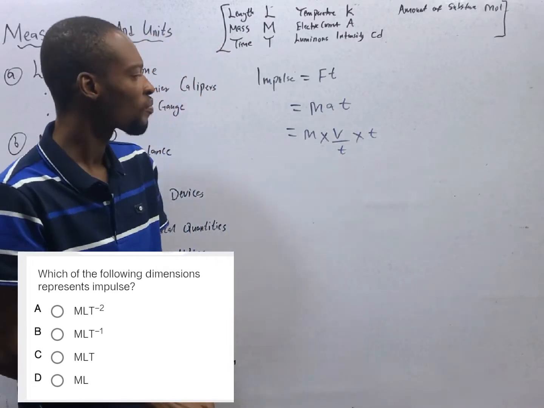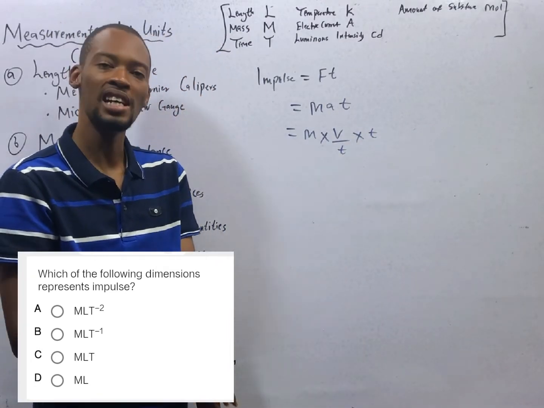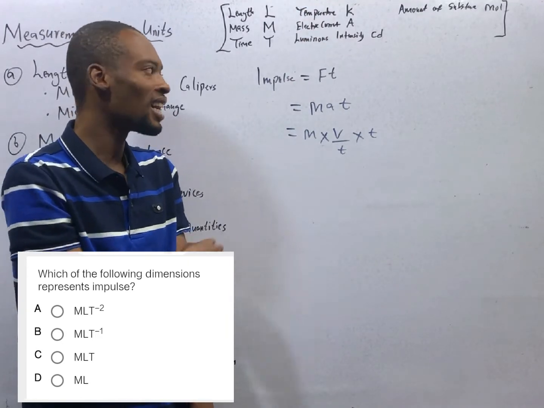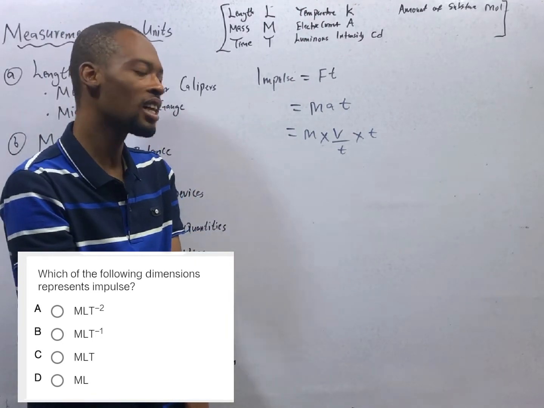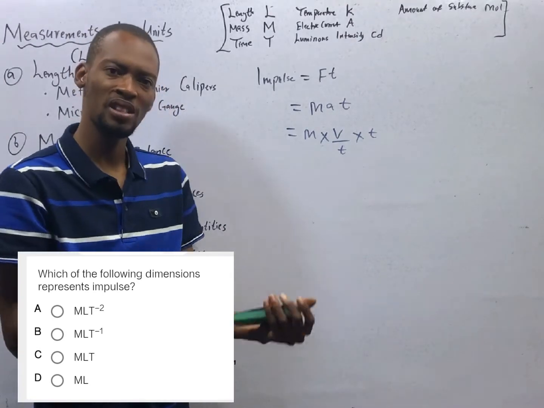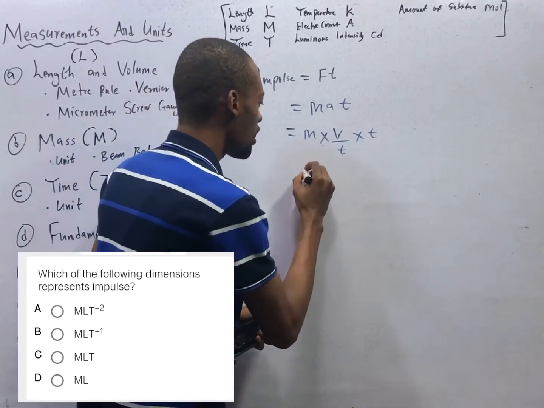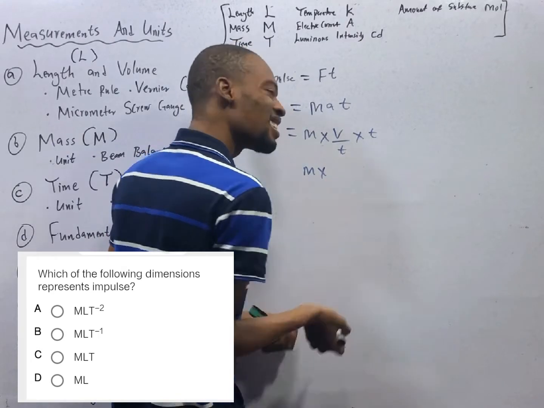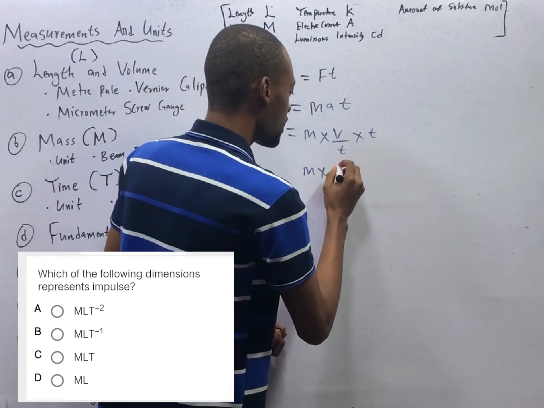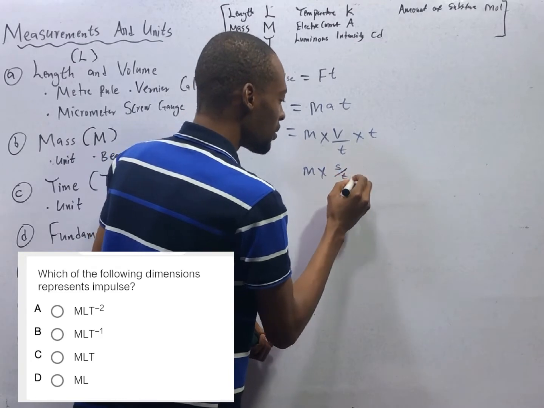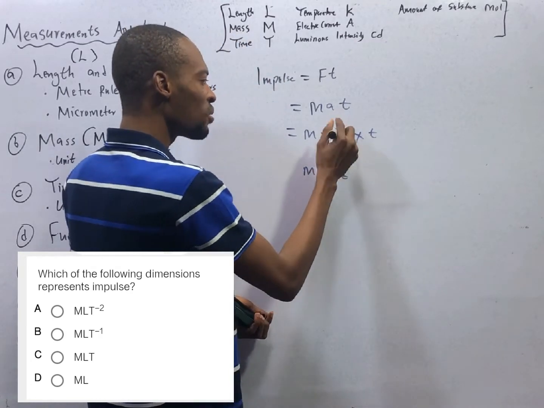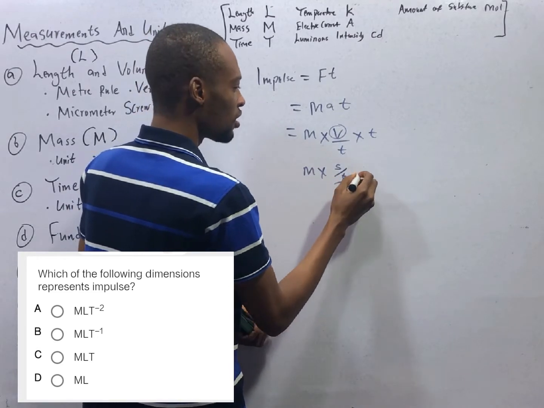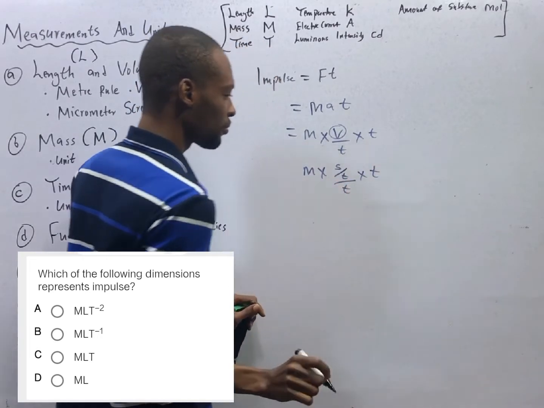You look again, velocity is a derived quantity. It's not among the fundamental ones, so we break velocity down. Velocity is displacement over time. So this is m times displacement, you can say distance, s over time. This displacement over time is only for velocity. This time is here, so it remains times t.